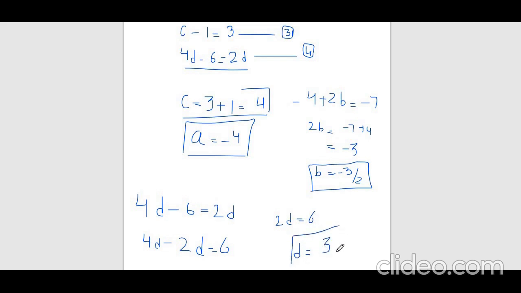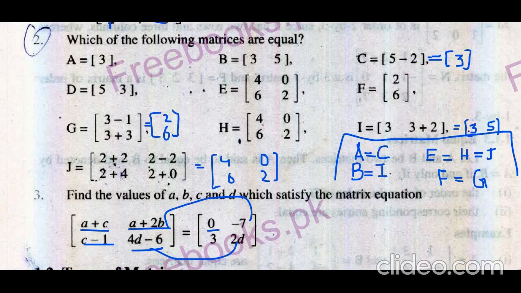So we get these four values from the 4 equations: A equals minus 4, B equals minus 3 by 2, C equals 4, and D equals 3. That is the answer for your question number 3 of your exercise 1.1.